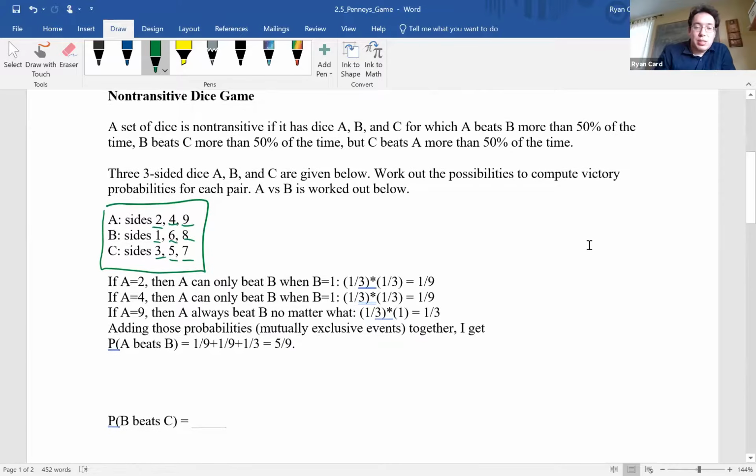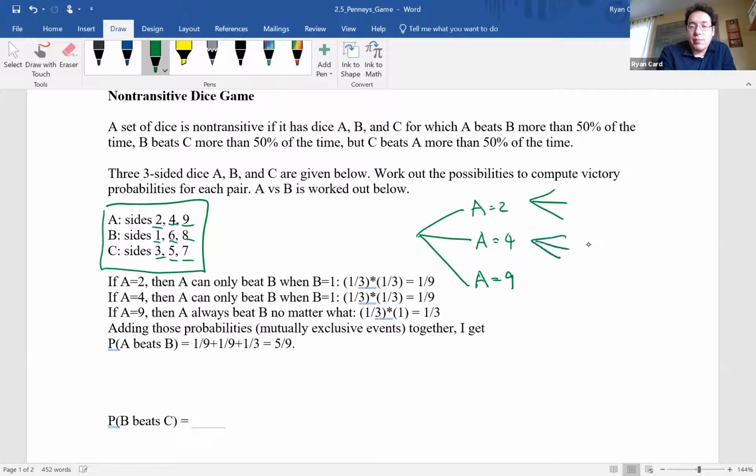Well, we could use probability trees and break up the die rolls into 3 parts. A turns out to be 2, 4, or 9. And then after that, let's say A is rolling against a B. So there are 3 different possibilities: B is equal to 1, B is equal to 6, B is equal to 8.